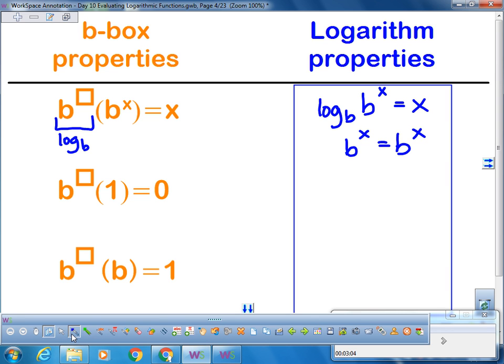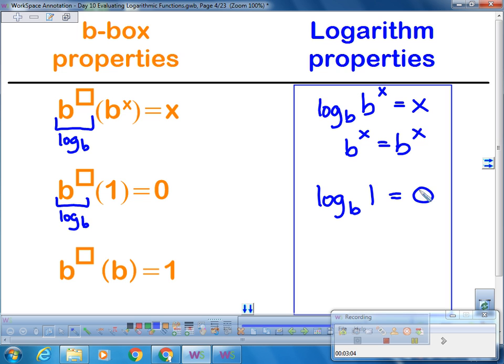So try this one. I'm just going to change this to be a log b. Look at this property. Log base b of 1, if I get 1, it must be a 0, because base b to an exponent 0 is always 1. Right?